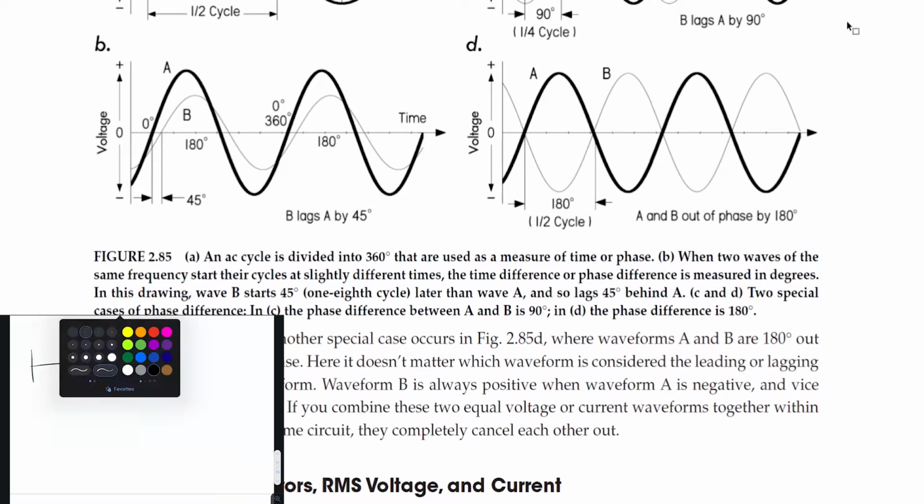Okay, so if you've got voltage, let me draw a full one. You've got voltage A, and then you've got voltage B. Where A crosses the line, B starts where A ends, like this basically.